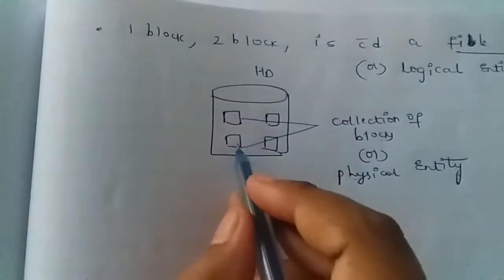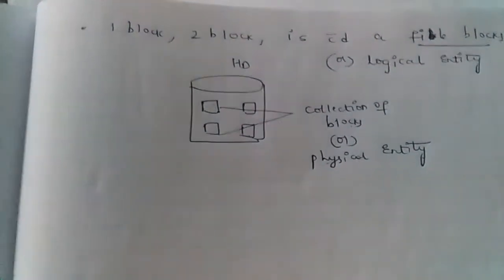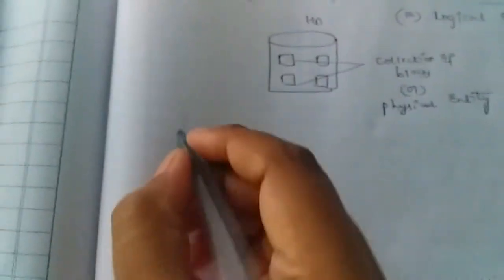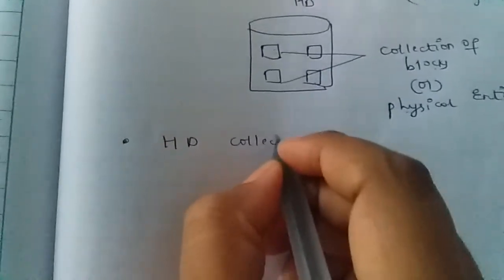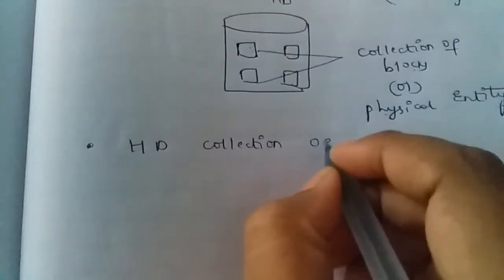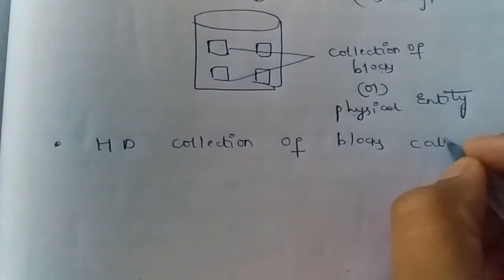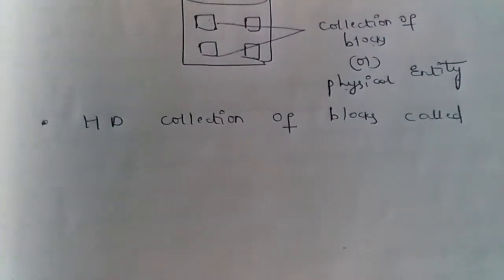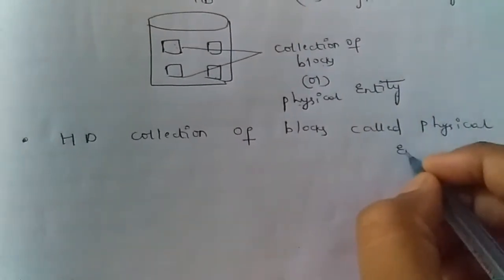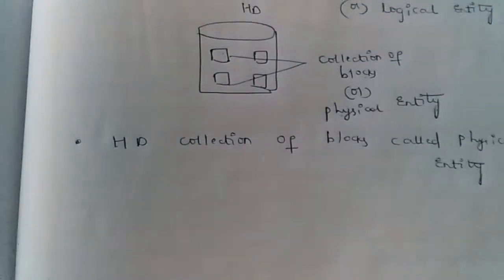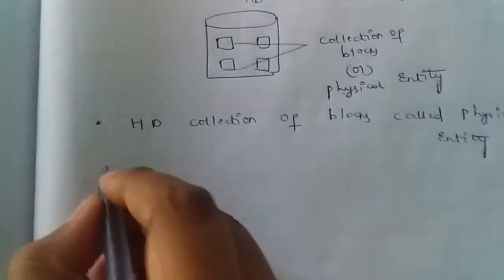Block 1, block 2, block 3, block 4 are called the file blocks or logical entity. And another point: the hard disk, a collection of blocks, is called a physical entity.